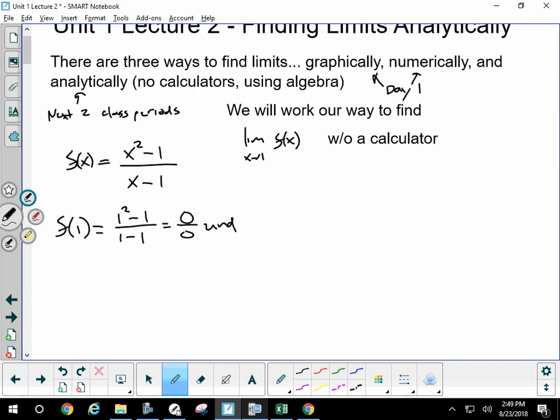Well, if I had a calculator, my next thing would be to plug in values very, very close to 1. So I would try to find f of 0.9999 or f of 1.001 and see if we're approaching a specific value. But without a calculator, this is not reasonable.